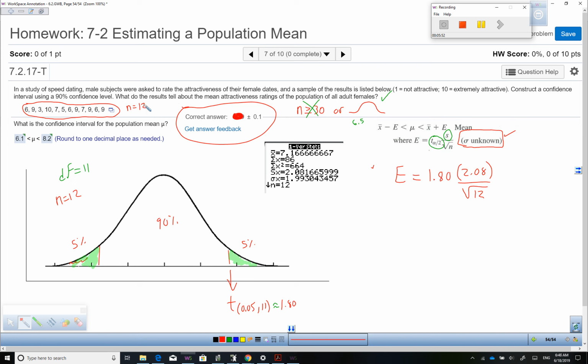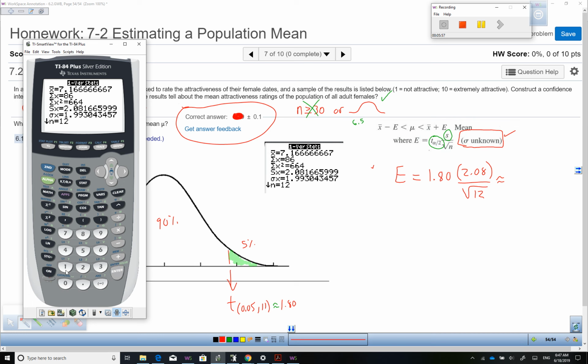Okay, the sample size is 12. Let me type this and let's see what I get on the calculator. I get 1.8 times 2.08, all this divided by the square root of 12. Okay, and let me write this 1.08. Let me round it up like that.